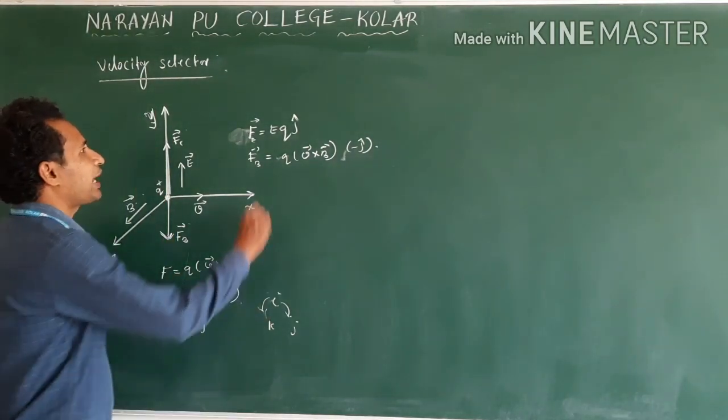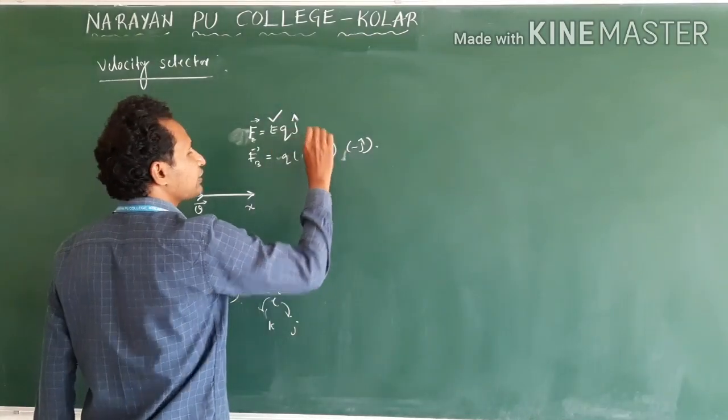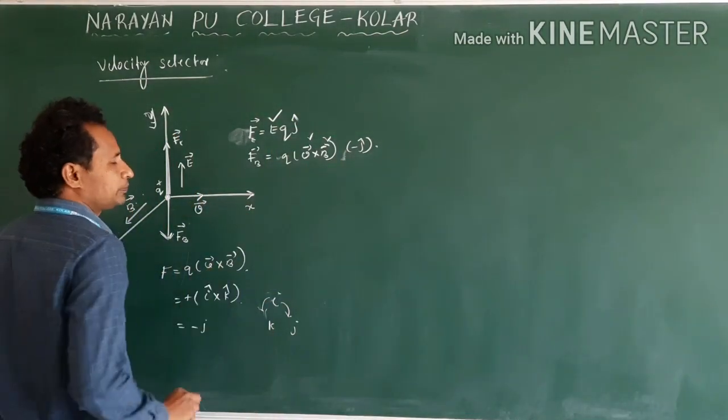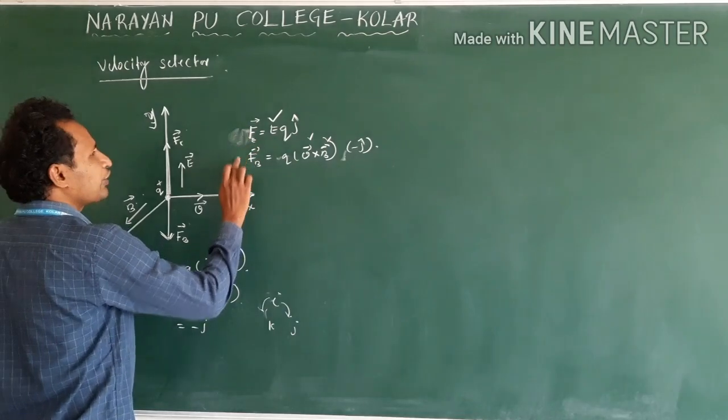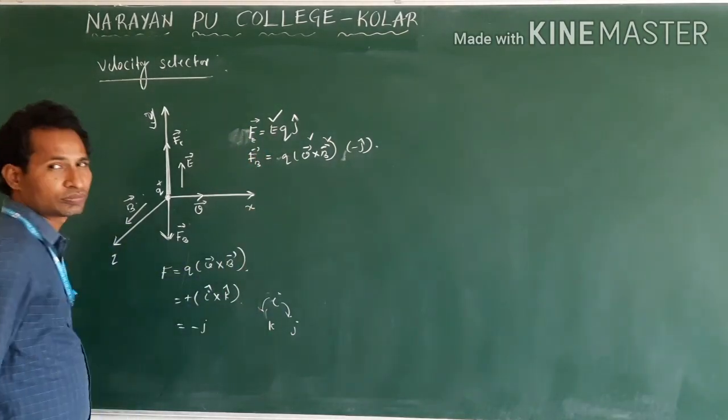If you adjust the magnitudes E, B and velocity, clear? At certain values, the magnitudes of these forces will become equal.